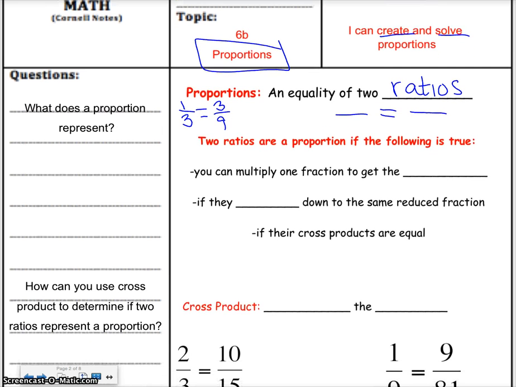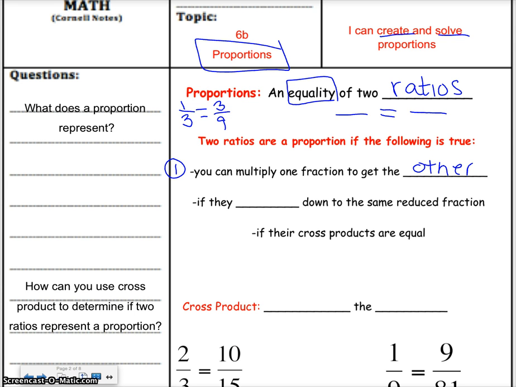I'm going to give you two fractions today in your homework set, and your expectation is to tell me if those two fractions are proportional to each other. Proportional means equal. Are the two fractions equal to each other? Here's how you can tell. Strategy number 1: you can multiply one fraction to get the other fraction, like the one I gave above.